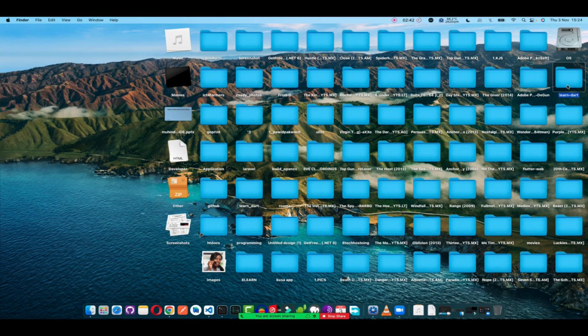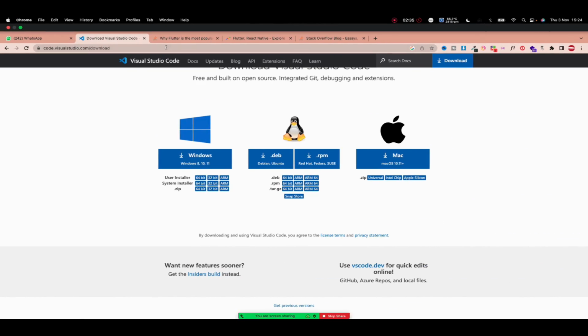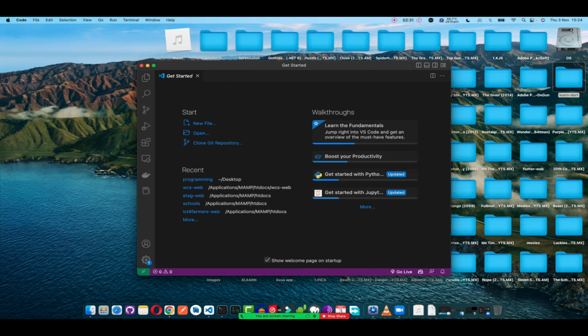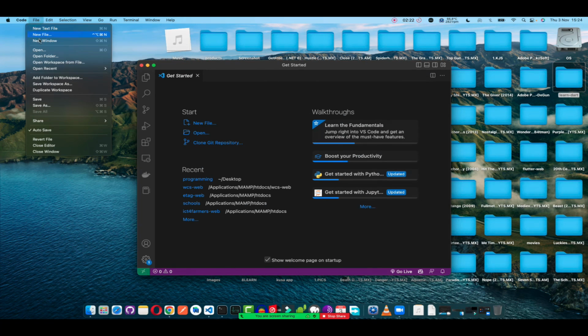After creating a folder, the next thing is to open this folder in your Visual Studio Code. There are two ways you can open it. The first way is to simply drag and drop it here. The second way is to click on File, then Open Folder.